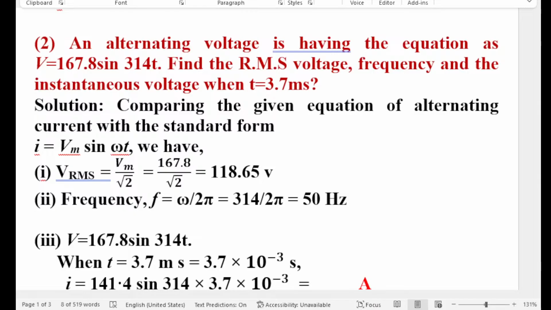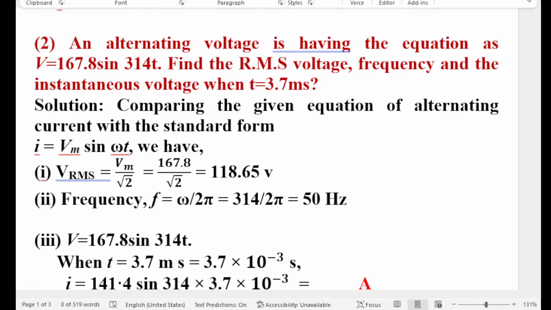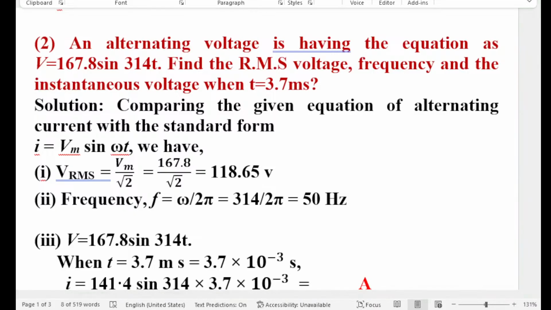What is the data given in the question? The V equation is given.